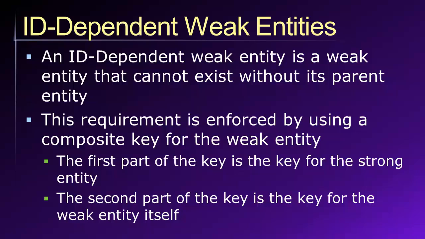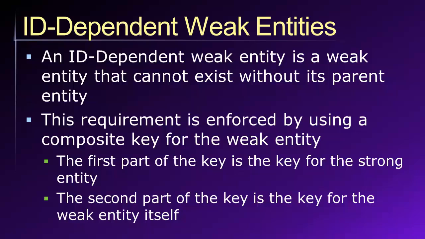Beyond the distinction between strong and weak entities, we also need to note that there are two different types of weak entities. These are ID-dependent weak entities and non-ID dependent weak entities. To begin, an ID-dependent weak entity is a weak entity whose identifier, whose uniqueness, is partially linked to its parent entity.